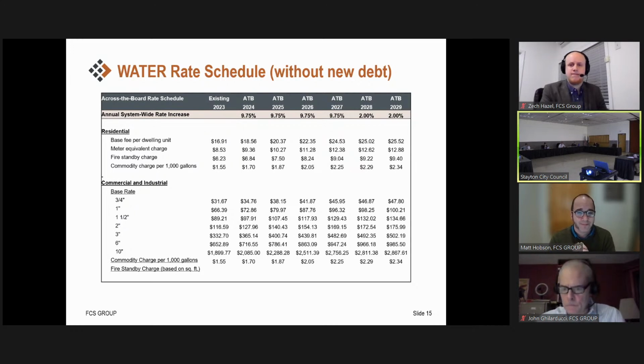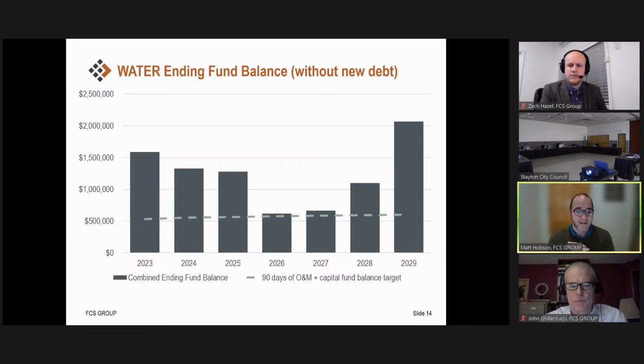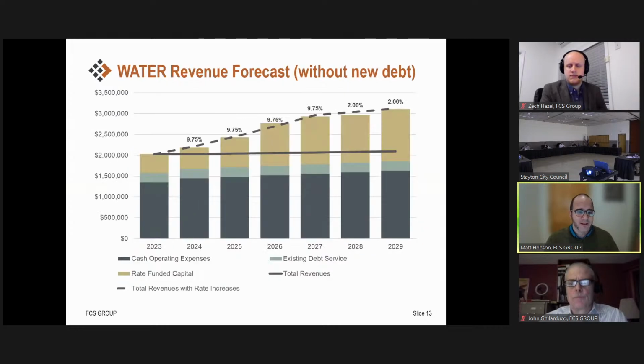Thank you. The water ending fund balance, the slide you were just on, this is not if we keep it the same, this is if we go with the suggestions? That's correct. So this fund balance represents funding the capital program as identified in, I'm going to back up 2 slides.